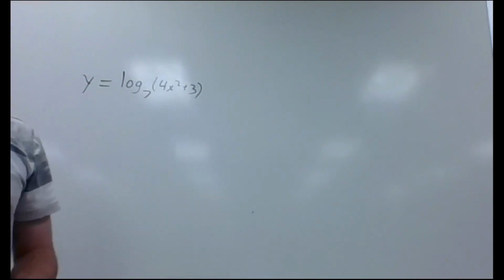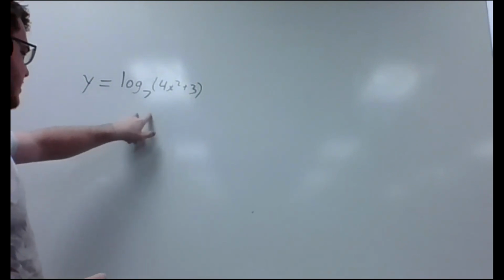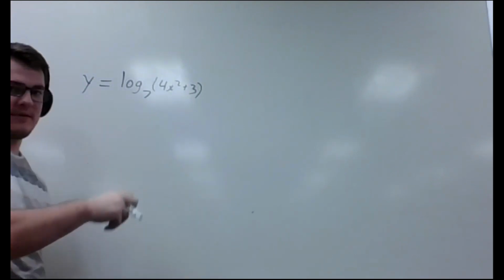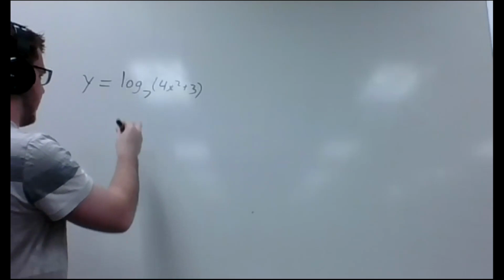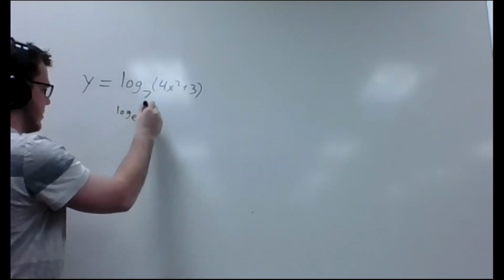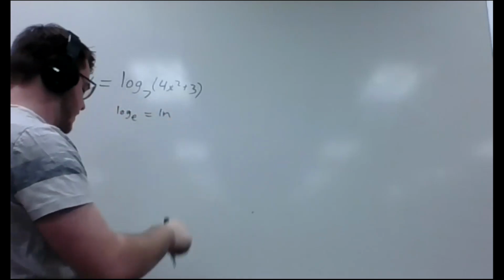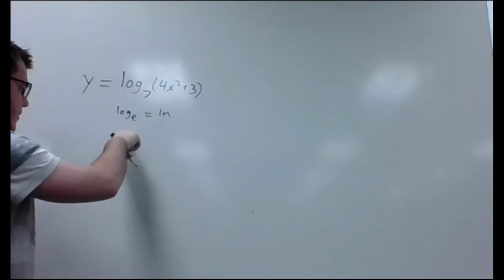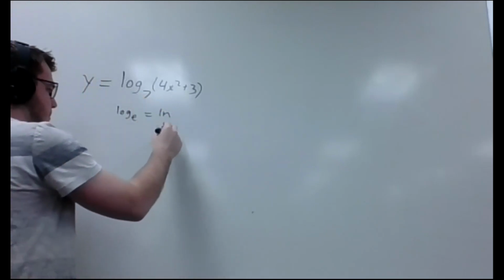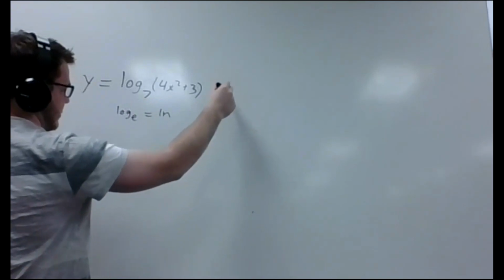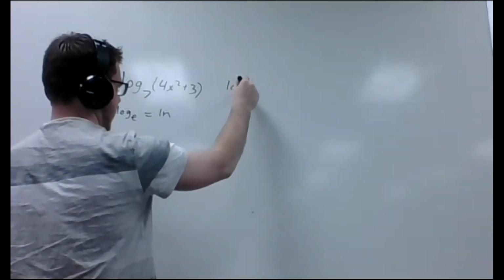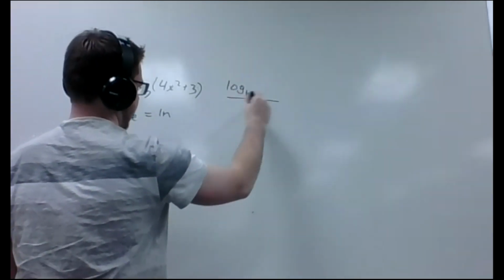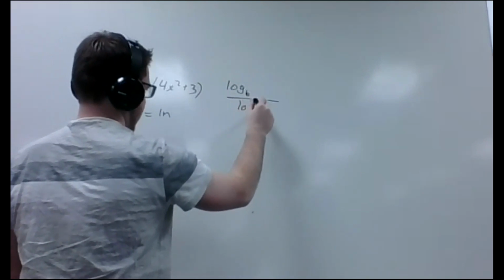To really do this, we have to use the change of base formula, which basically lets us change what base this is, and it's easy because we can change it to base e, because log base e is equal to ln.